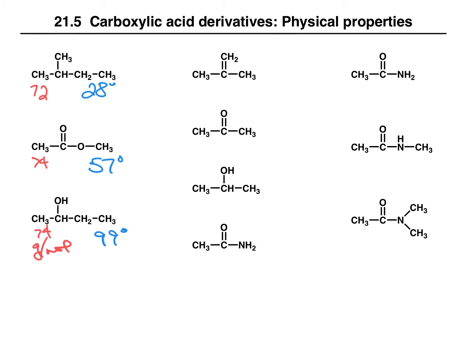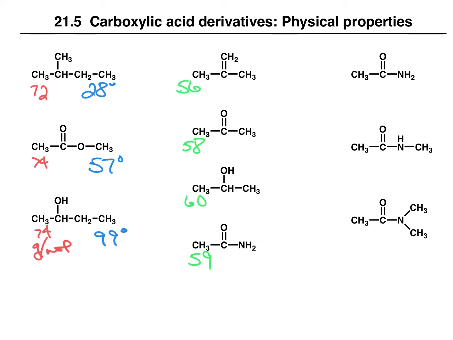In the center column, we have another series of compounds to compare, and so our alkene weighs 56 grams per mole, our ketone is 58, and then our alcohol is 60, and our amide is 59. So again, we're talking about dispersion forces and dipole, hydrogen bonding, and more hydrogen bonding.